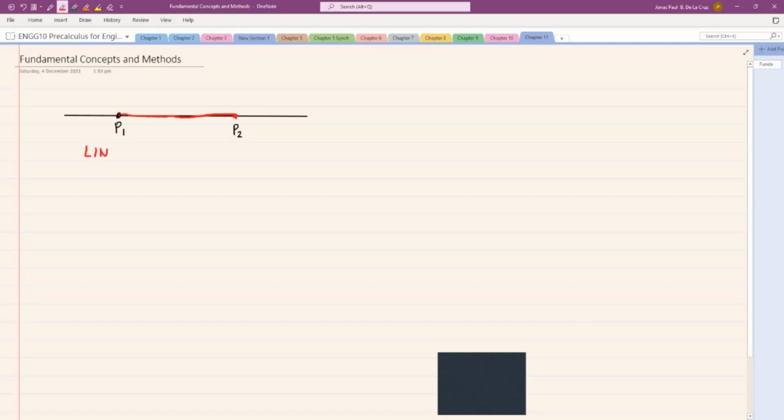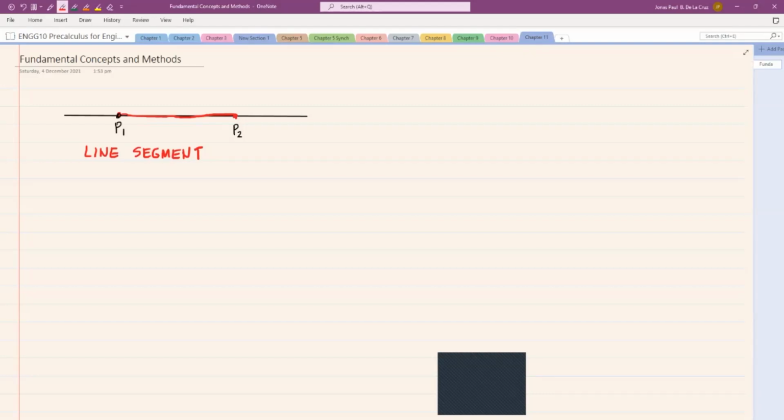Okay? So a line segment ends between itong 2 points na to, P1 and P2. Okay? So, ngayon, meron tayong tinatawag na directed distance.